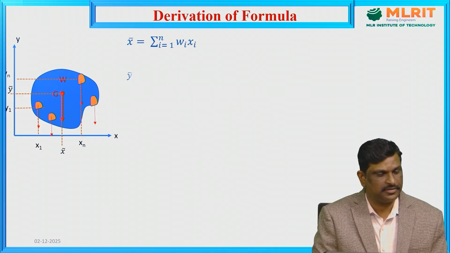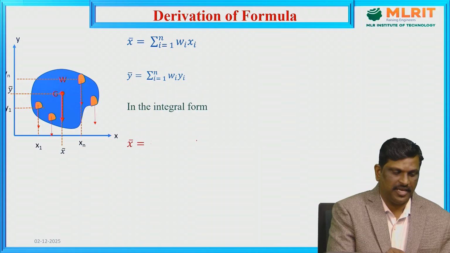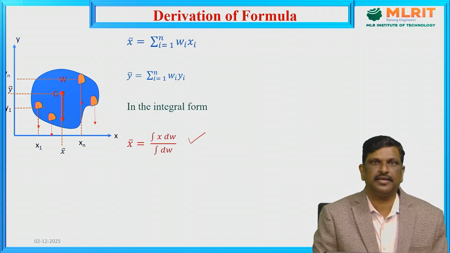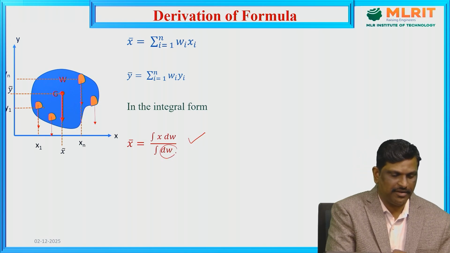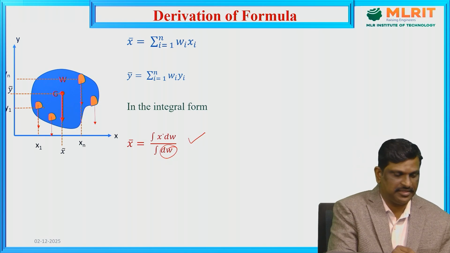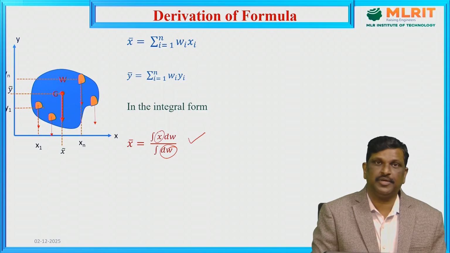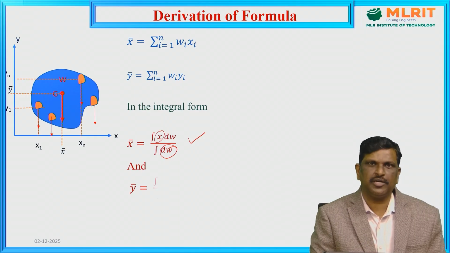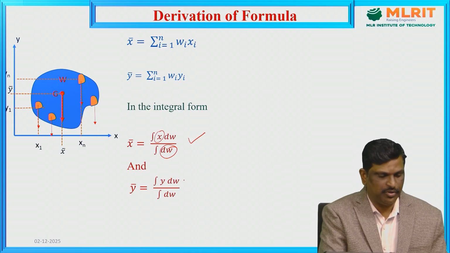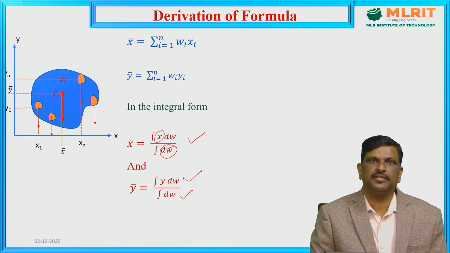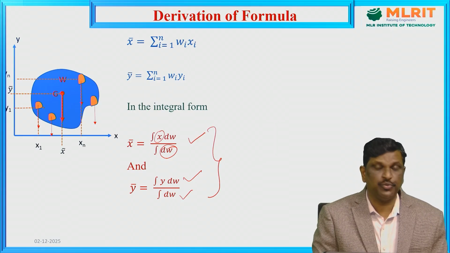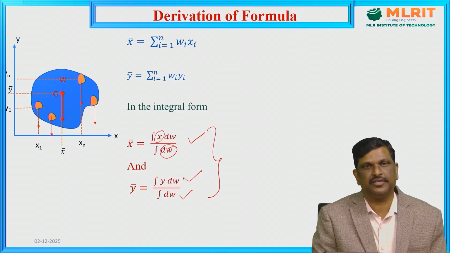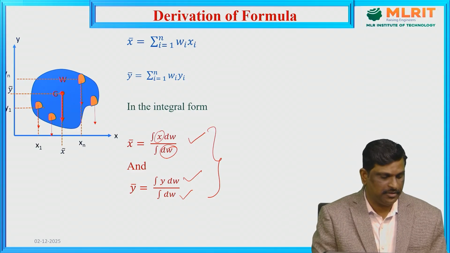It can be written as x bar is equal to integral x dw divided by integral dw, where dw is the weight of the small body and x is the distance of the individual elements, and y bar is equal to integral y dw by integral dw. These two forms, the integral form, we are going to use in the derivation of centroid or center of gravity of solids and planes.